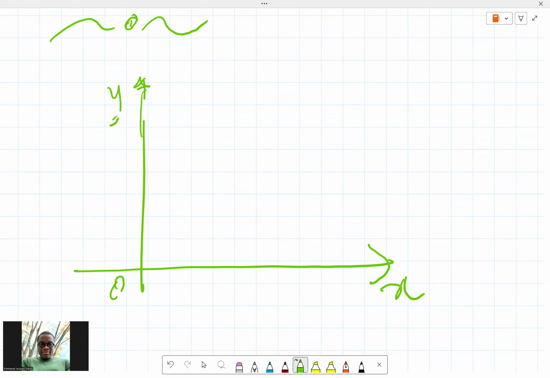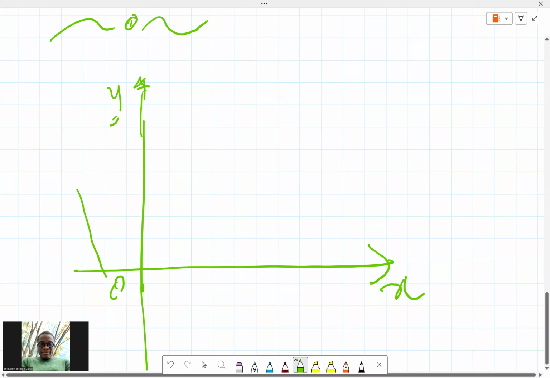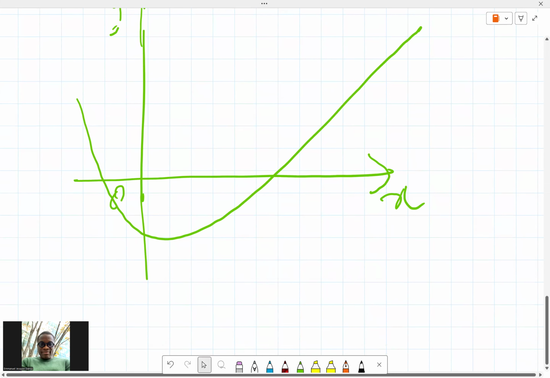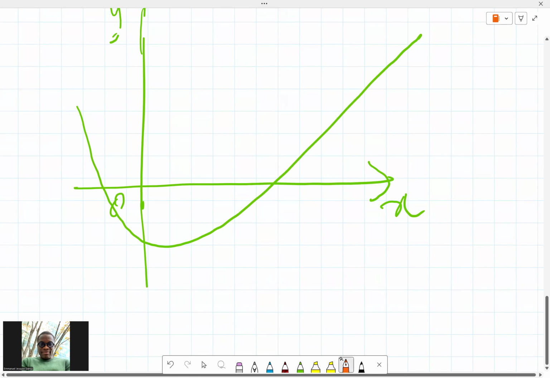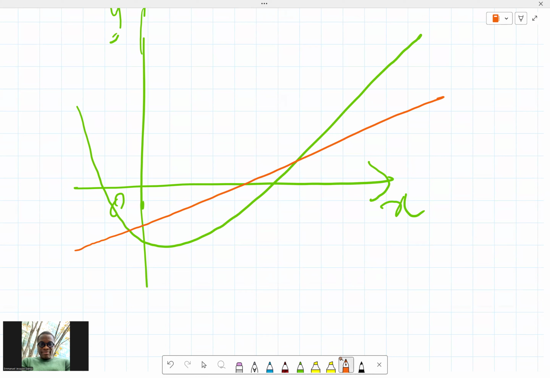Imagine that you have a graph like this, and then imagine that you have a straight line cutting across this way.